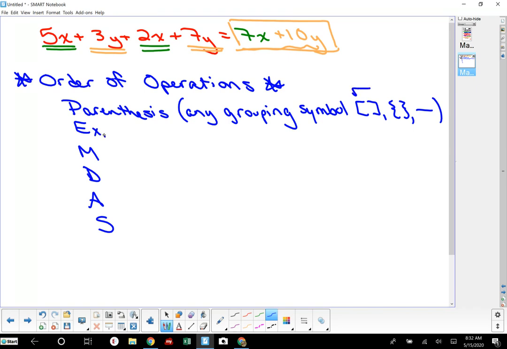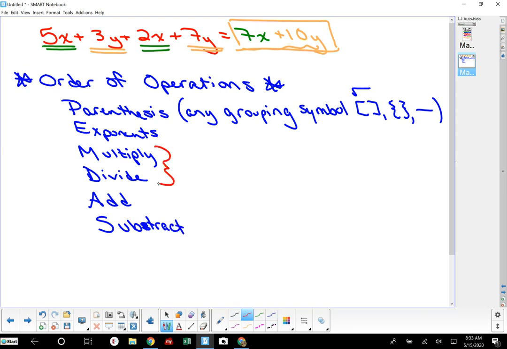All right, the E is for exponents. M and D is multiply and divide. A and S is add and subtract. All right, and then keep in mind that multiply and divide, you don't multiply before you divide. You do these from left to right in the problem.